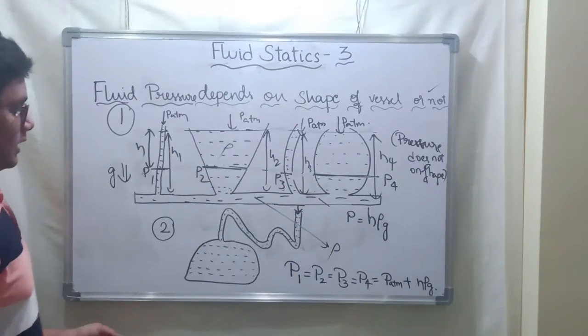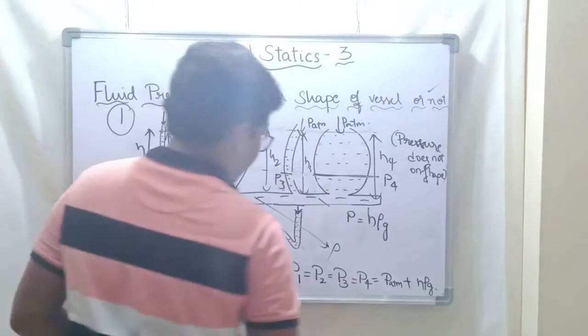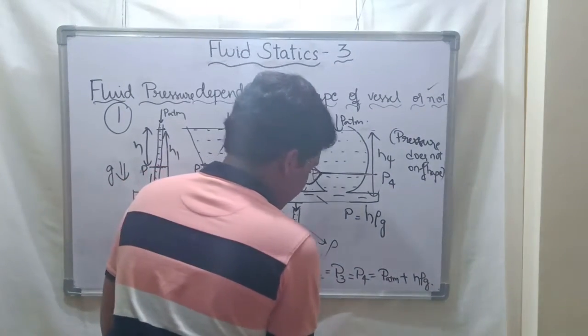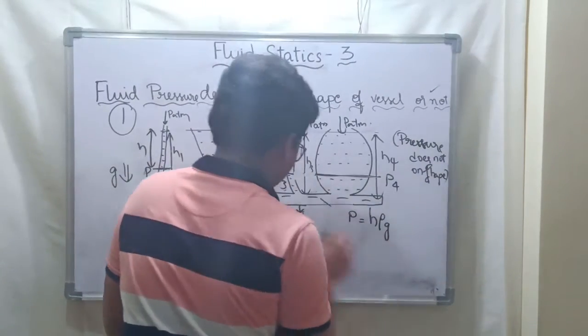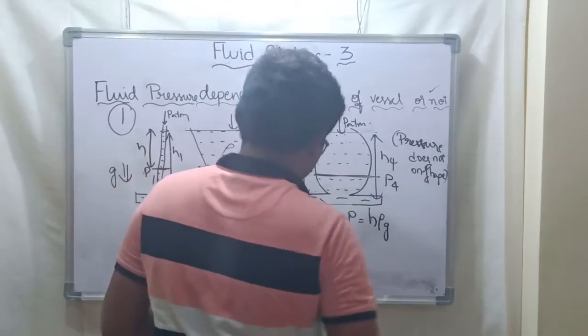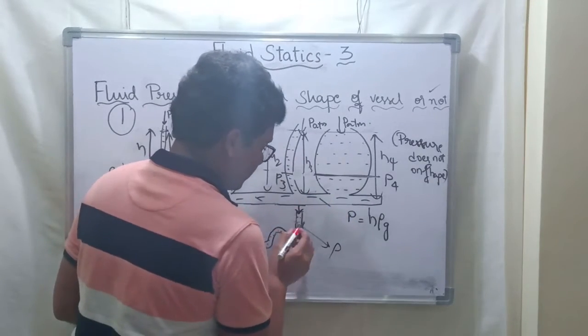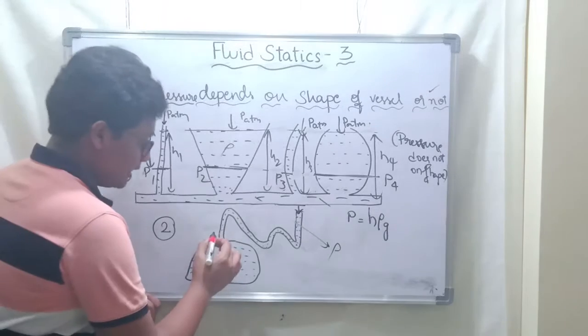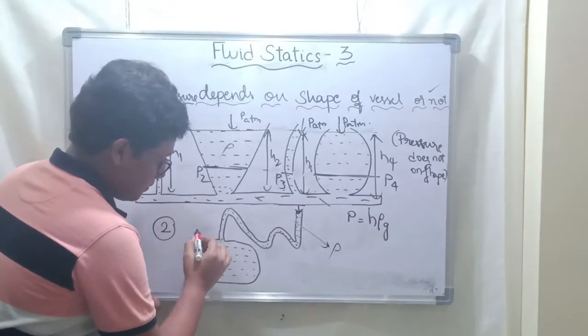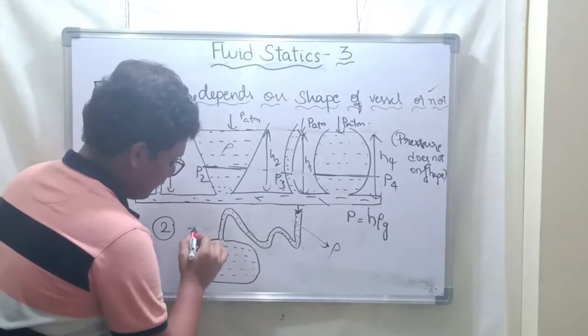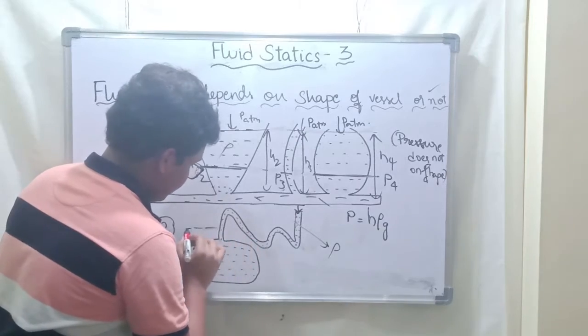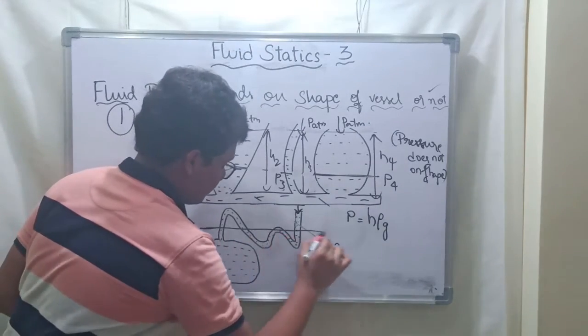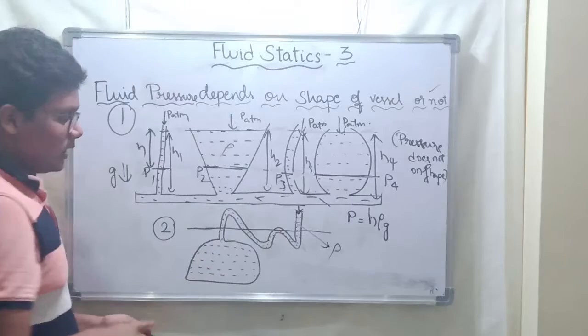We got that. Now if we take this one, case 2. This liquid is of density rho. See, we'll take a level, this level.